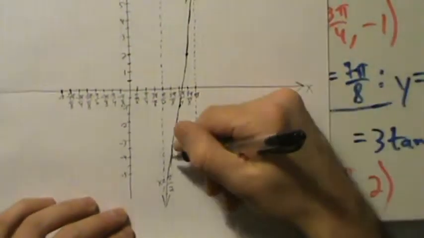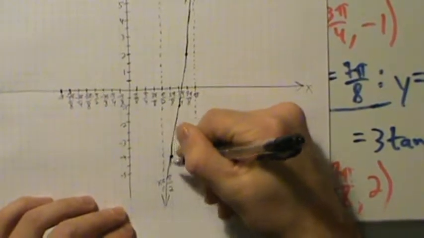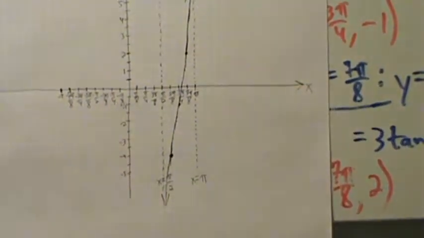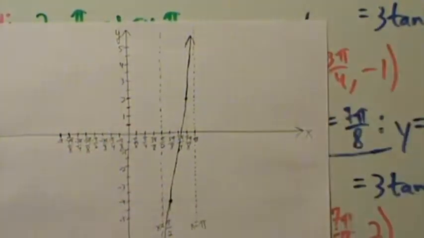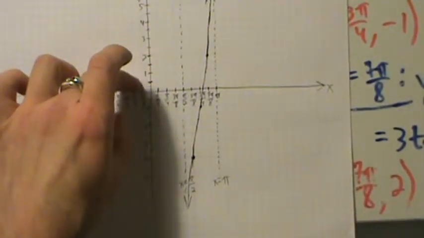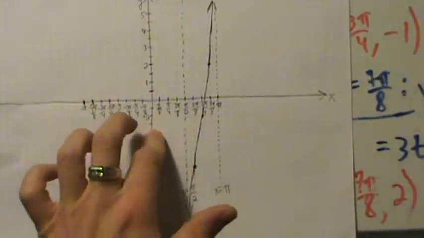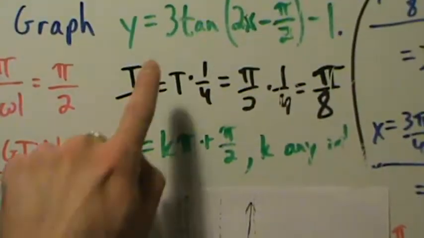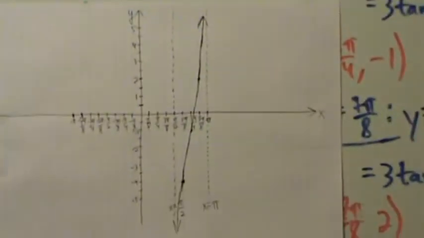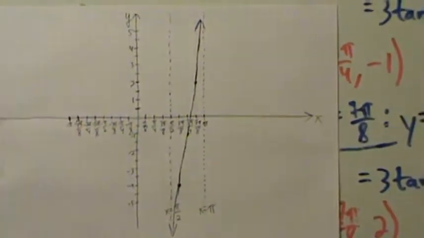Anyway, the point here is just connect it with a smooth curve in this general shape of tangents to cotangents, which would be easier if it wasn't also stretched out. So actually, maybe if we let the y scale be 1 instead of 1/2, it'd be easier to see, but still, it'd be a little distorted because this 3 here really does stretch it out quite a bit. So it should look a little stretched out as long as our scale's set up nice enough.